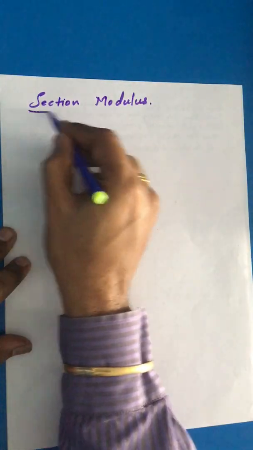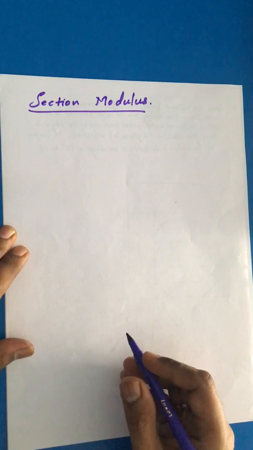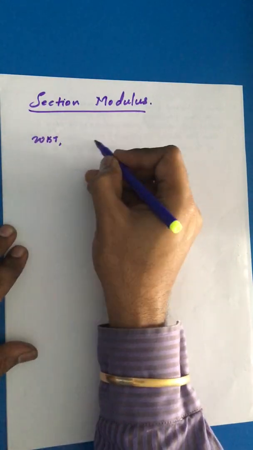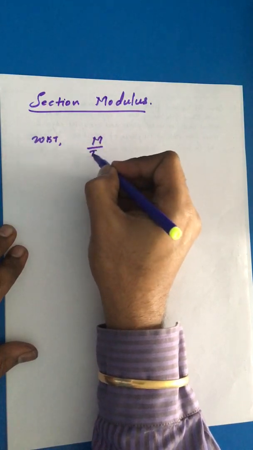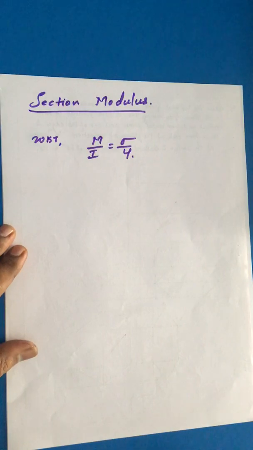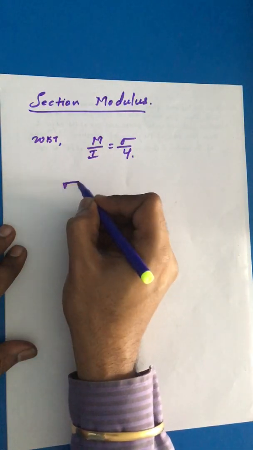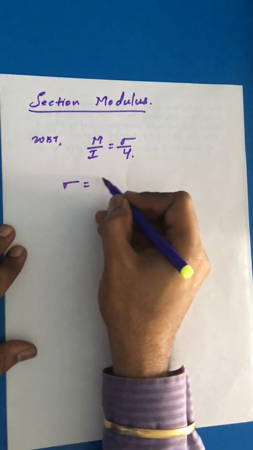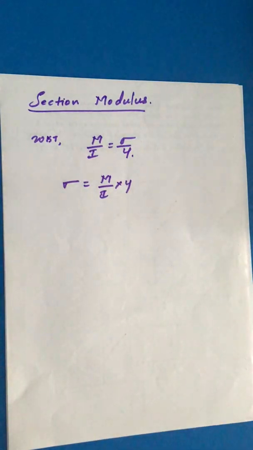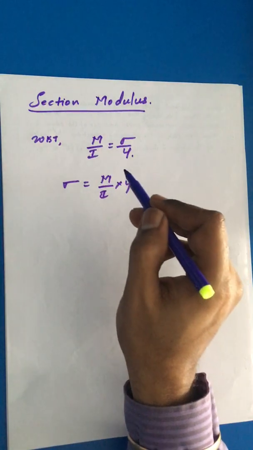Okay. We'll discuss what section modulus is now. We know that from the bending equation, M by I is equal to sigma by y. I'm only writing half of it. So what I can write, sigma will be equal to M by I into y.